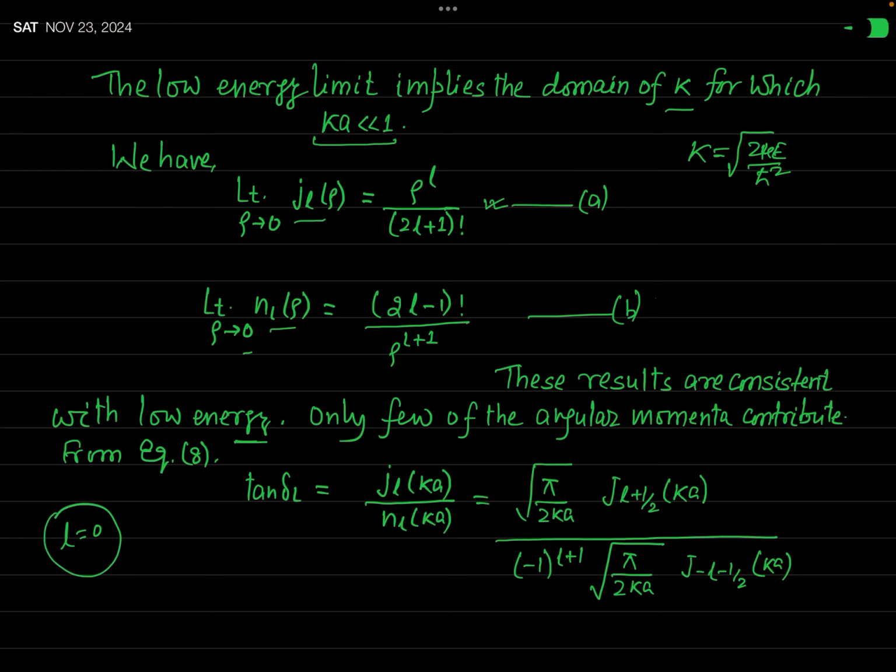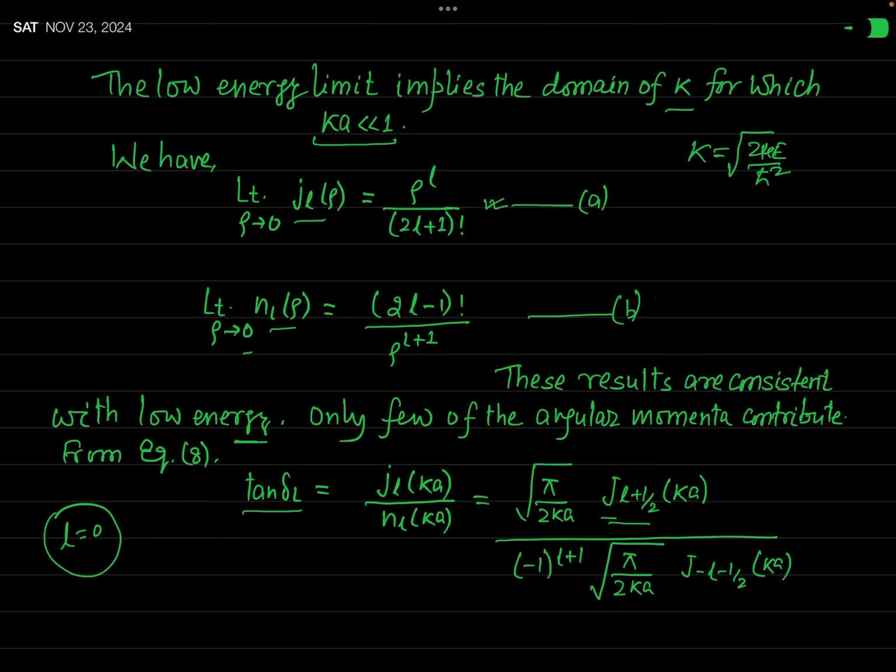Now, as you have seen, the result for the phase shift is tan delta L equals JL of Ka over NL of Ka. But you know that this JL of Ka is related to the Bessel function capital J of L plus half by this relation. You have already seen earlier. This is the square root of pi over 2Ka times capital J of L plus half of Ka.